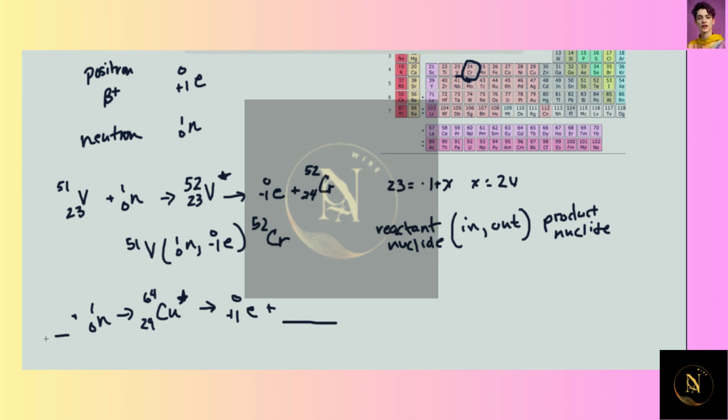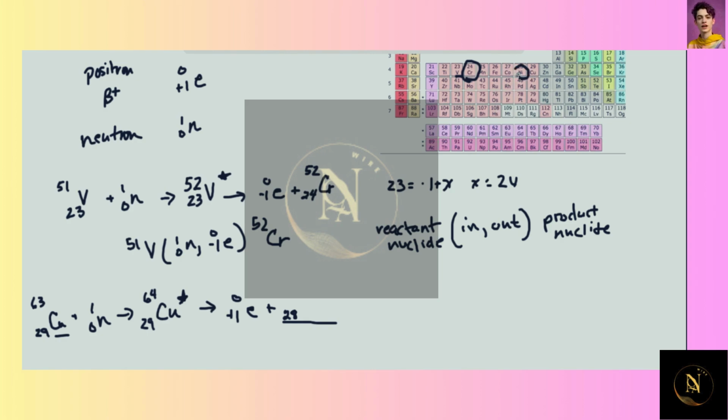So to identify the initial element, we know that the atomic number has to be 29, and the mass number has to be 63, because 63 plus 1 is 64. The new element formed has to have an atomic number of 28, because 28 plus 1 is 29.